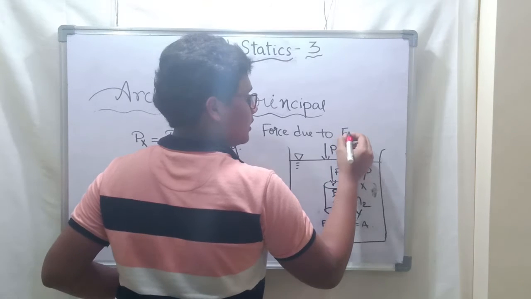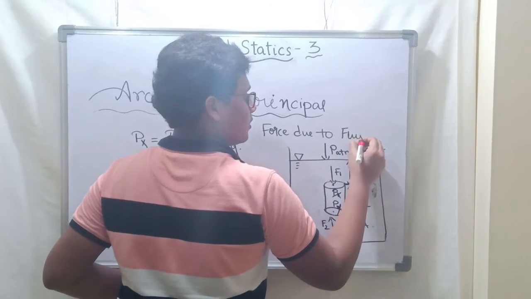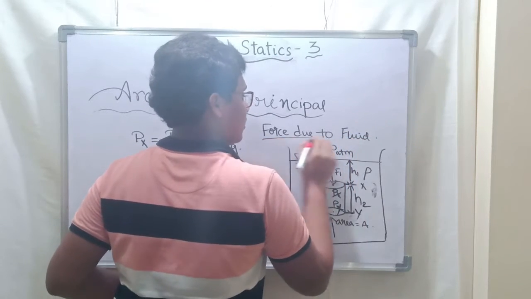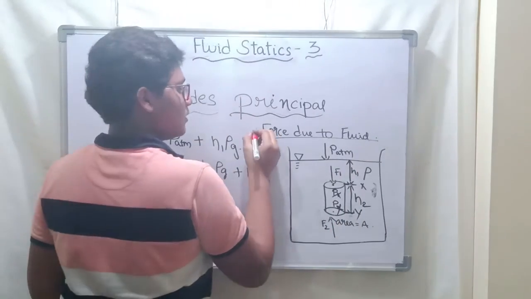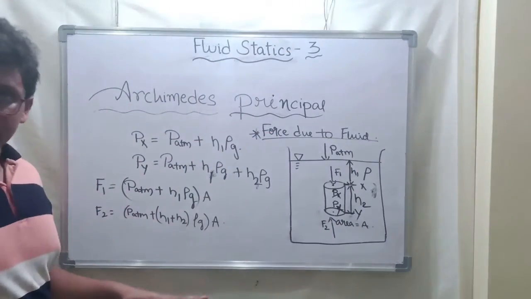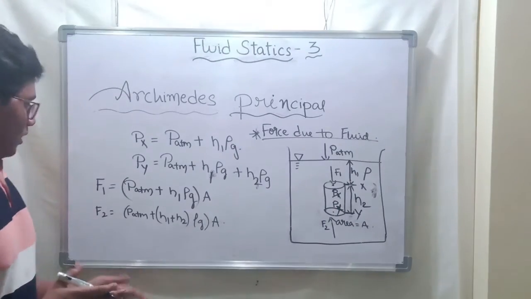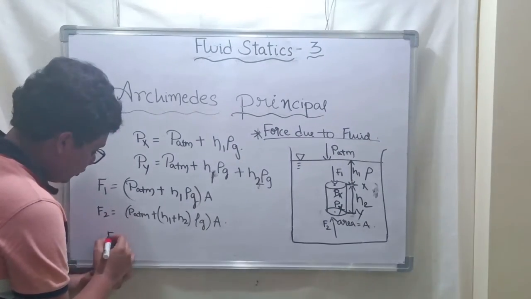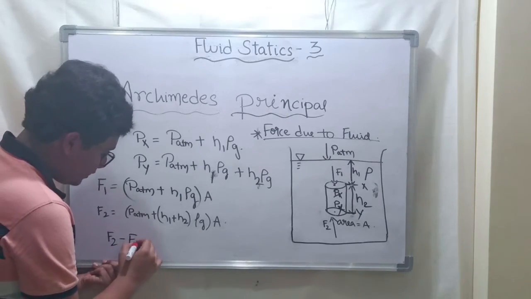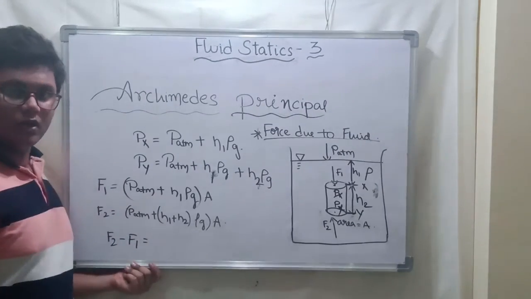This is an important point: buoyant force is that force acting by the liquid, due to the fluid or liquid. So F2 minus F1 is our buoyant force.